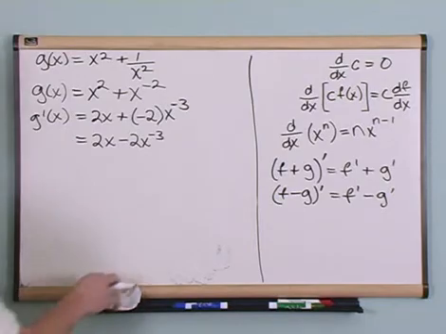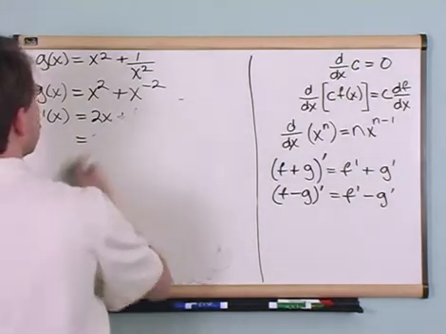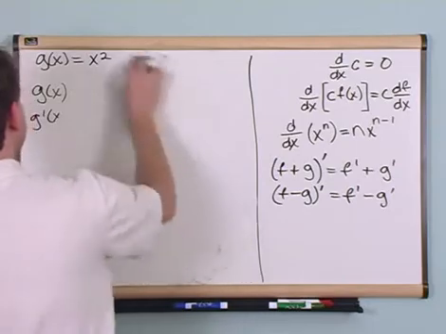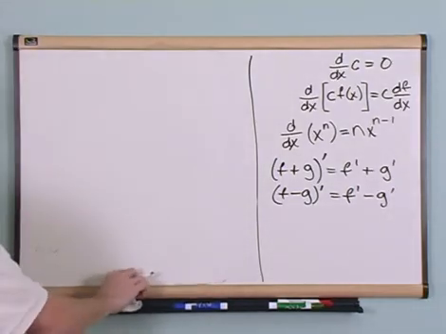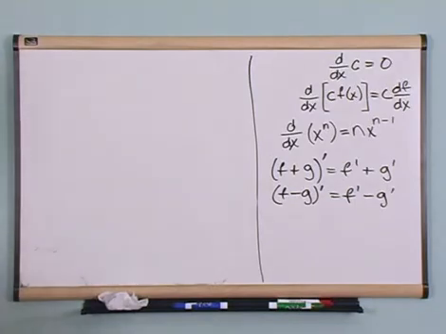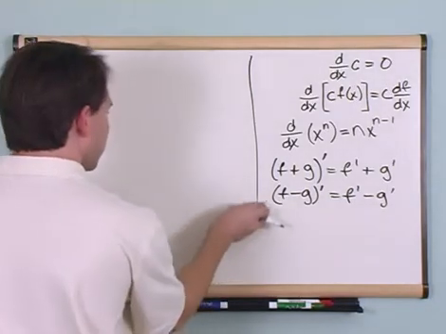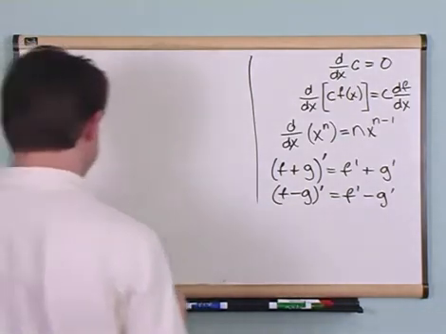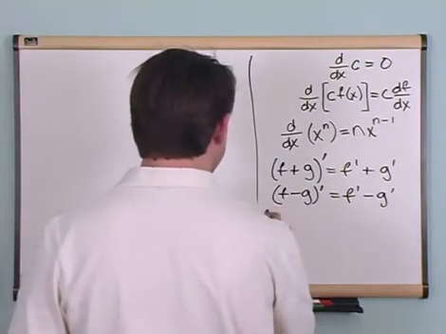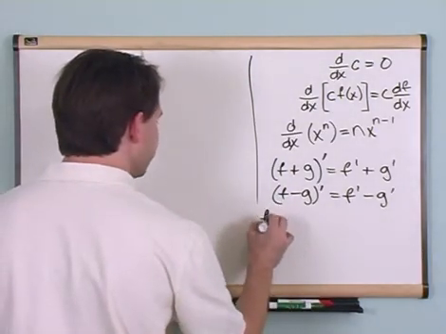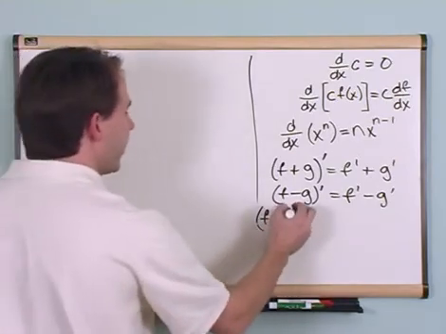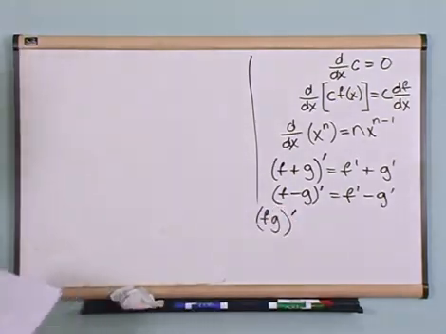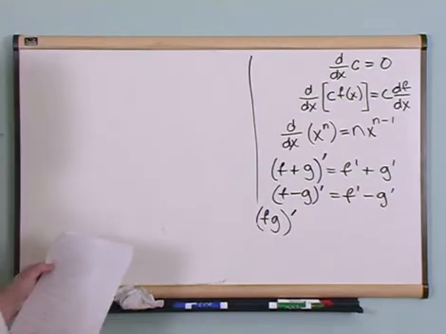Okay? Good. Now let me go ahead and teach you some more properties, because these properties are crucial to really being able to take derivatives. What if you had a function f times a function g, and when I say a function, I mean these are each functions of x, and you're going to take the derivative of that product there. How do you do that?